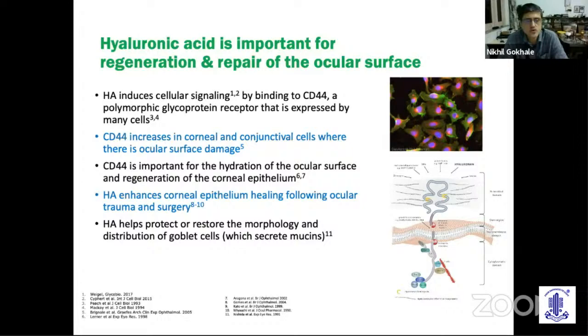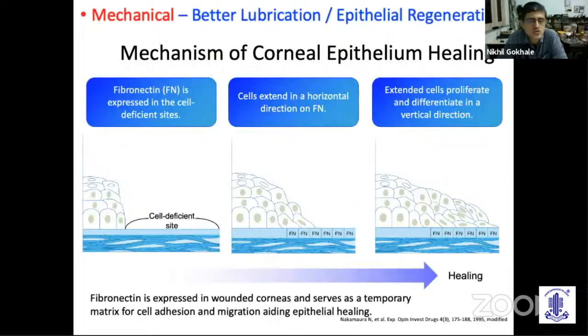So as I showed you in the earlier slide, just to show the sequence of events, the cell deficient site, if it is there, will cause expression of fibronectin, which then forms a sort of matrix on which the cells can very quickly and easily slide and regenerate.